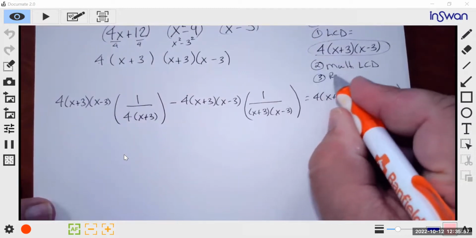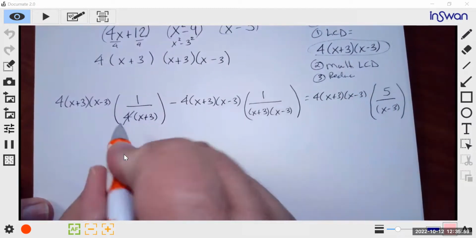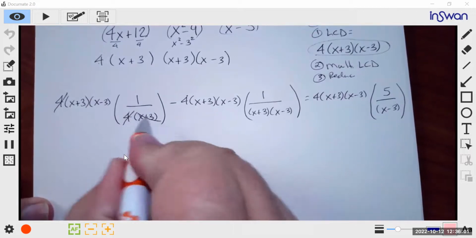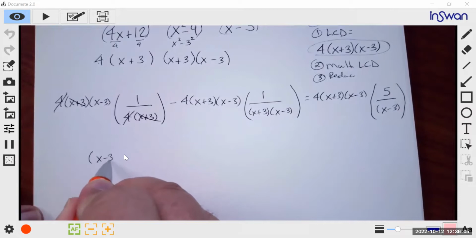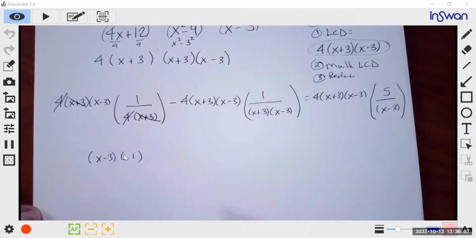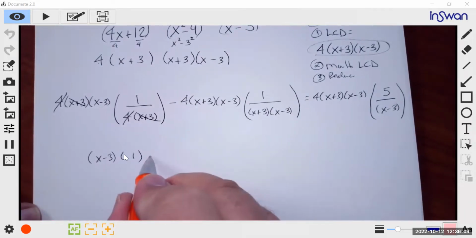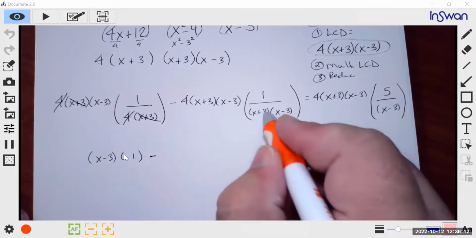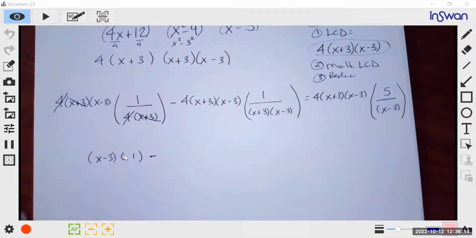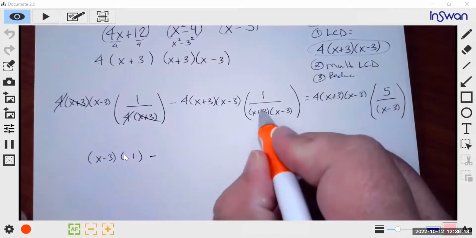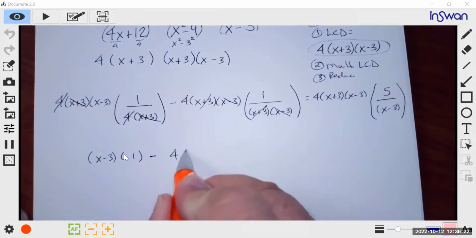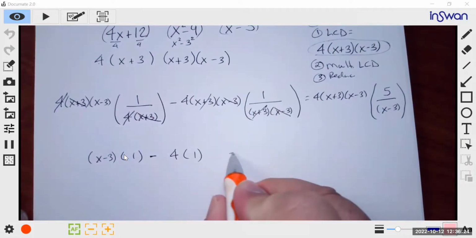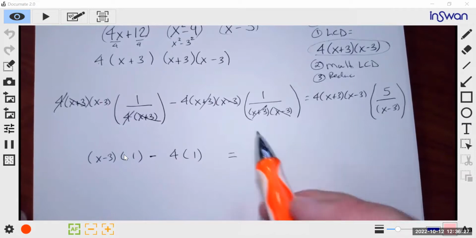Yeah, so now we reduce. So the 4 cancels. The x plus 3 cancels. All we have left is x minus 3 times 1. What cancels in the second one? Both of them. Yeah, x plus 3 and x minus 3. So we're left with 4 times 1.